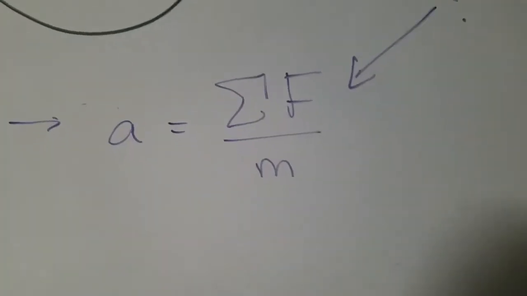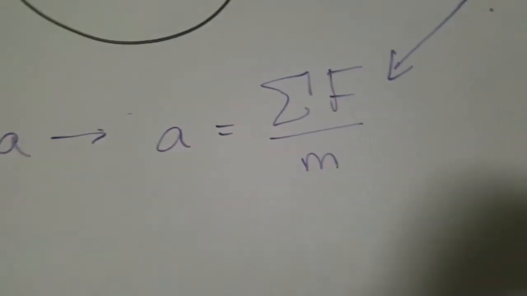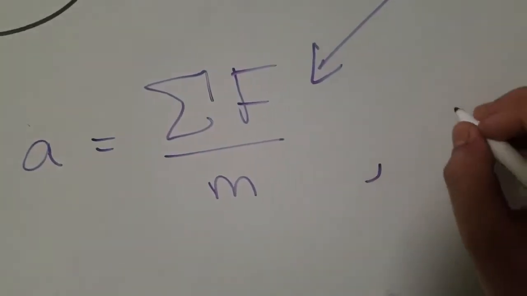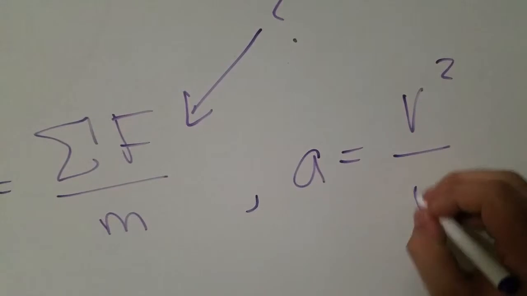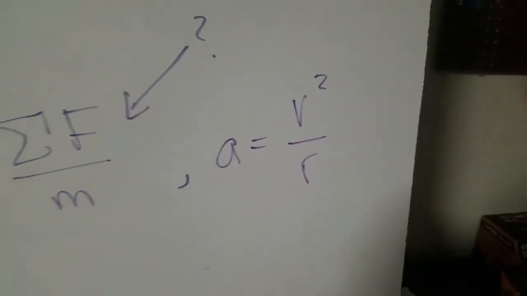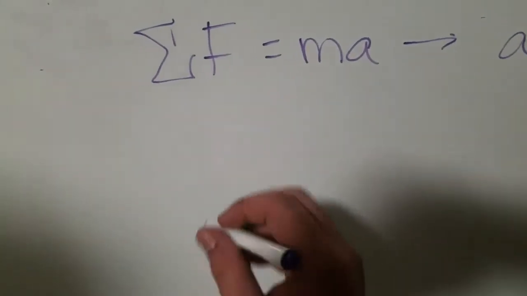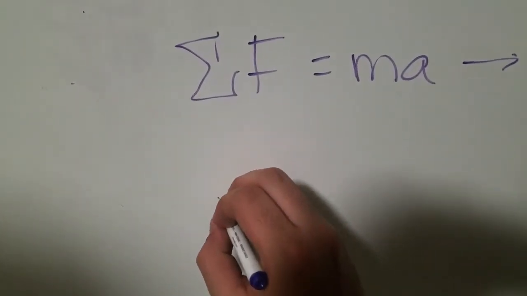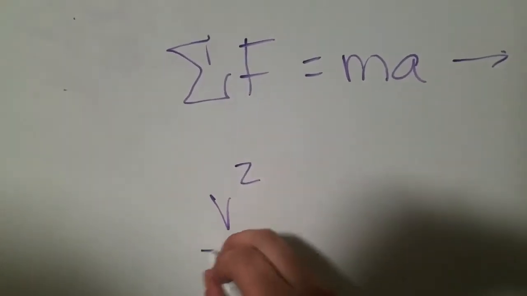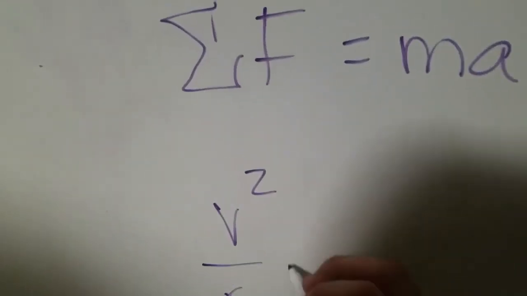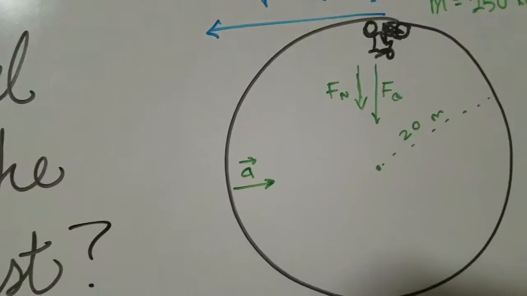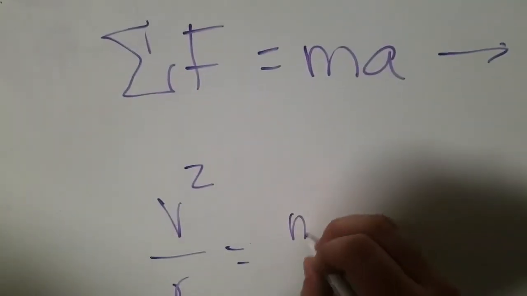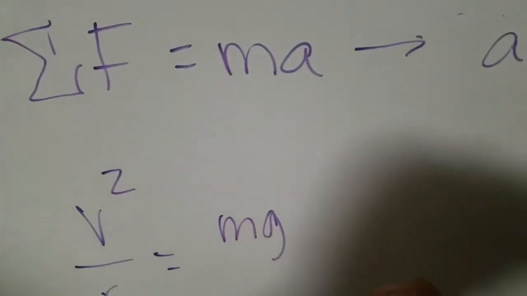And so, rearranging this, I'm going to just do this all in one step here. We did say this multiple times already: a equals the square of the speed over the radius of the circle. So that means that v squared over r is going to be equal to the net force, which is the force of gravity given by mass times gravitational acceleration.